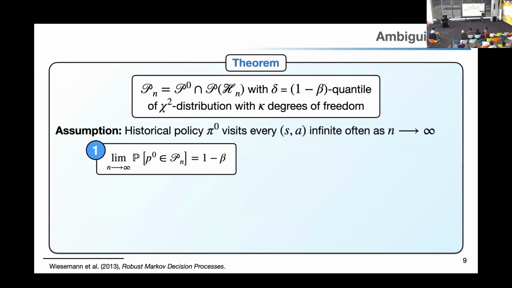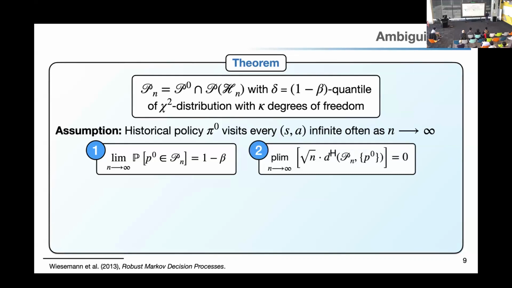Imagine the historical policy was so diversified that if the observation history would become infinitely long, we would visit each state action pair infinitely often. In that case, one can show that our ambiguity set converges in Hausdorff distance to a singleton set that only contains the unknown true transition kernel. And this convergence happens at the standard statistical rate of 1 over square root n.